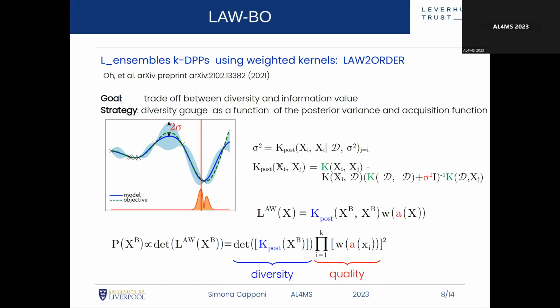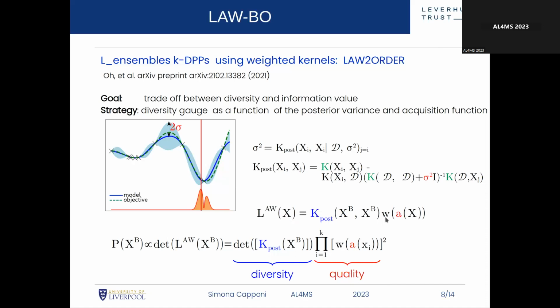So to enforce both, they define a new type of gauge, which is this one here, where practically it's a composition of the posterior covariance with the acquisition function A, and this W is actually a weight function. So this weight function determines the impact of the acquisition function.